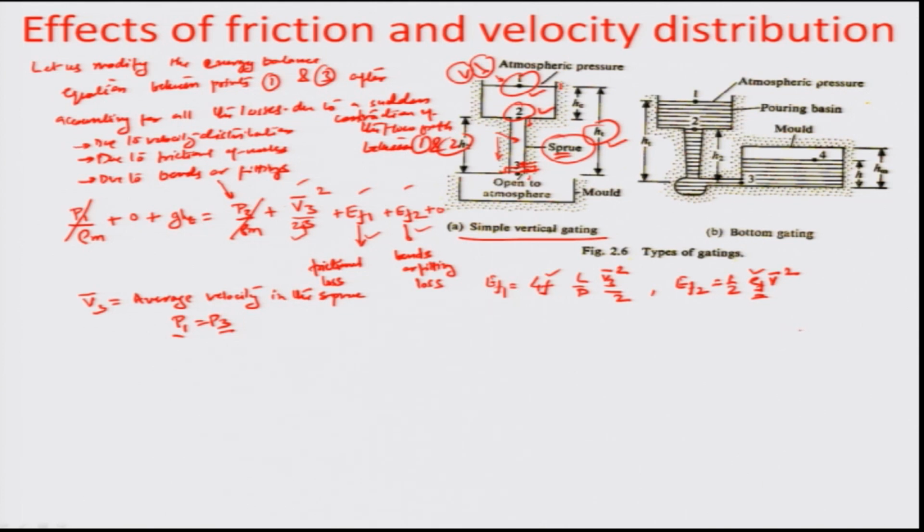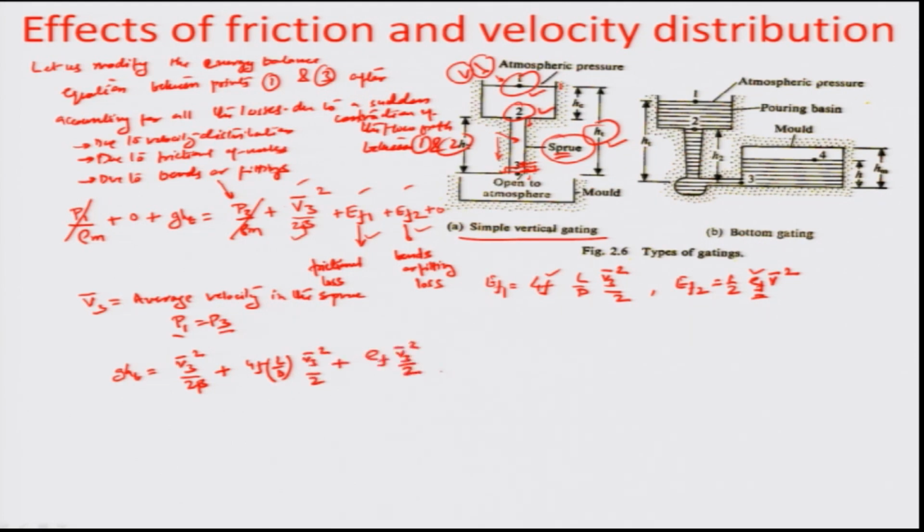So, the final expression which emerges in this particular case comes out to be g ht on one side, and then we have V3 square by twice beta plus 4 f L by d times V3 square by 2 plus EF times V3 square by 2.